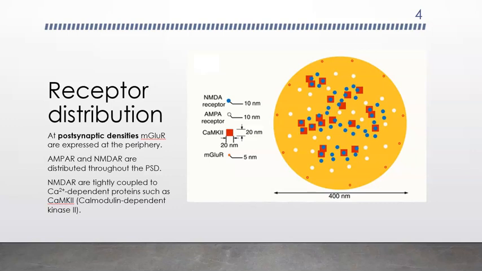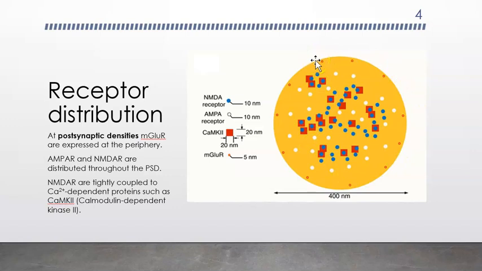What we see is that our metabotropic receptors tend to be on the periphery of that synapse, and our ionotropic receptors are going to be mostly in the middle. Okay, so here you can see in red we have the NMDA receptors, and in white we have our AMPA receptors, because remember, you can't have NMDA without either AMPA or kainate receptors. So they're pretty well distributed.